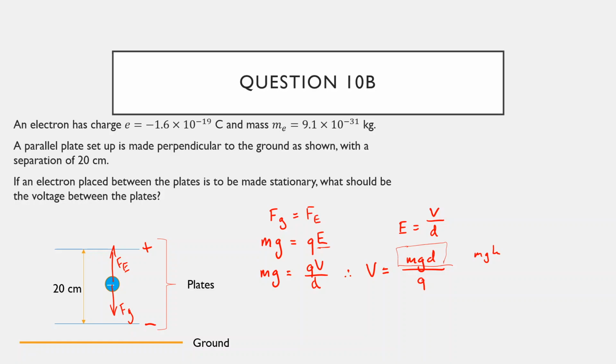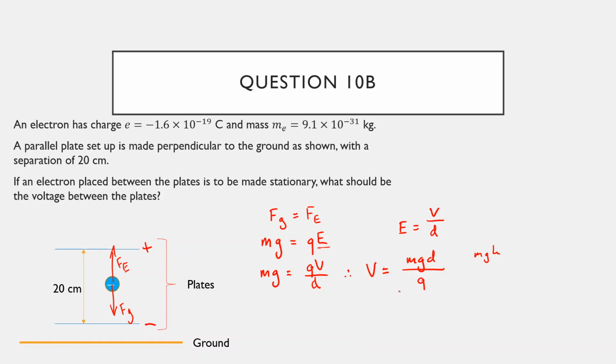Don't worry too much about that if this is going over your head. Just worry about the fact that we can derive this equation by making the forces equal to each other, and also using the fact that the electric field between the plates is voltage over d.